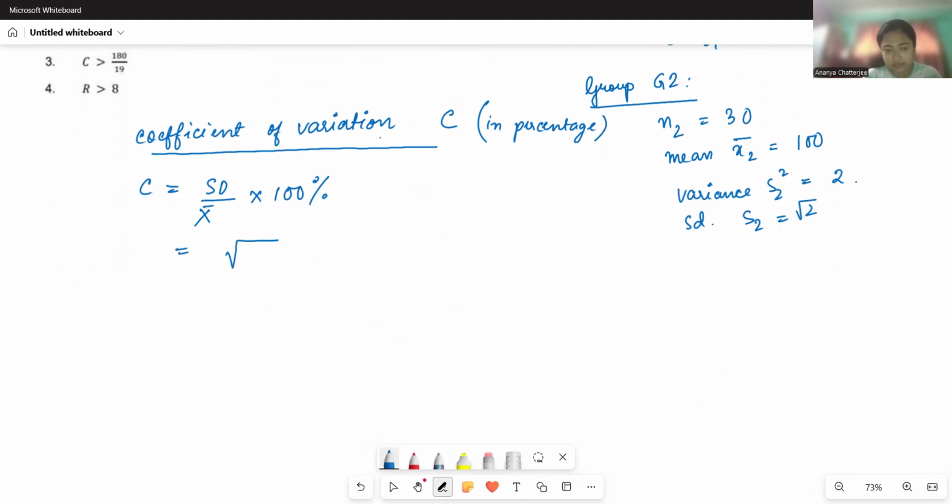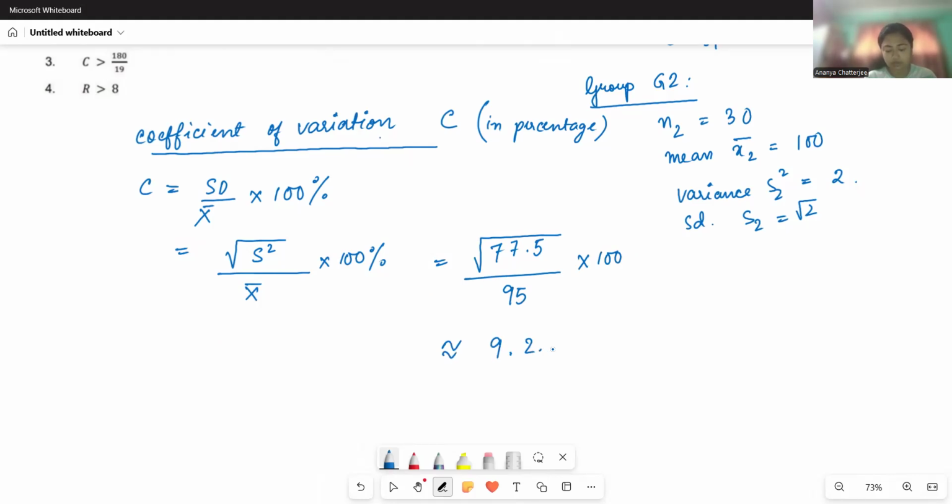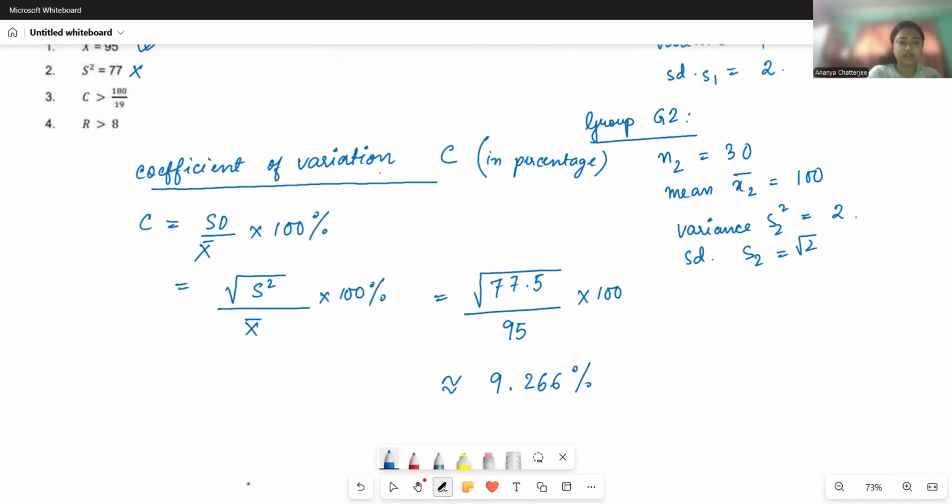So this is root of the variance by x bar into 100%. Now s square is given as 77.5 and we take root of this, and x bar is 95, into 100. So this is approximately equal to 9.266%.